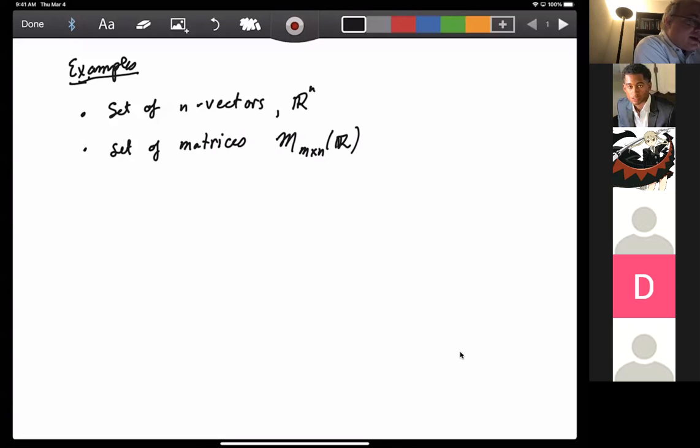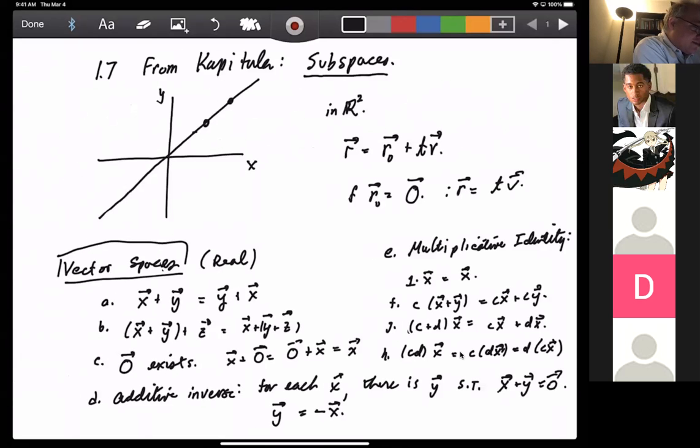So let's think about that. We can add matrices, certainly. We have commutative and associative properties for adding matrices because everything in these operations works entry by entry. There is a zero matrix. There is an additive inverse, and it's just minus the matrix, minus 1 times the matrix.